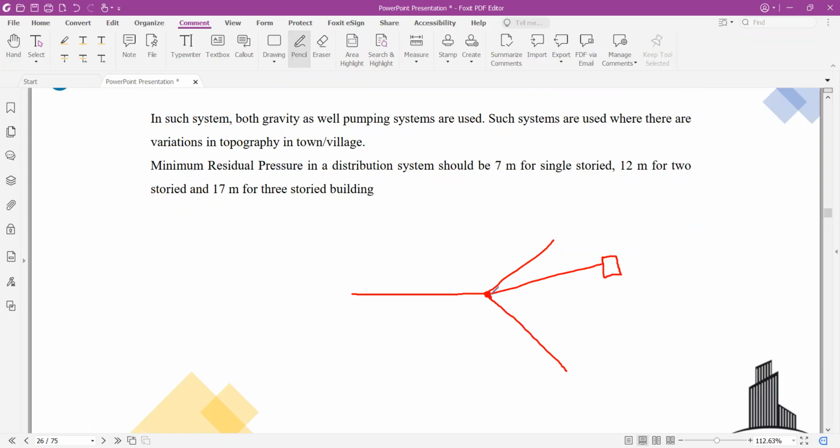So for a single story, the water at that junction should provide a head of about 7 meters, and should be able to fill the tank if it is available on the roof of that house, and then work when there are no pumping hours to fulfill the demand at that location.